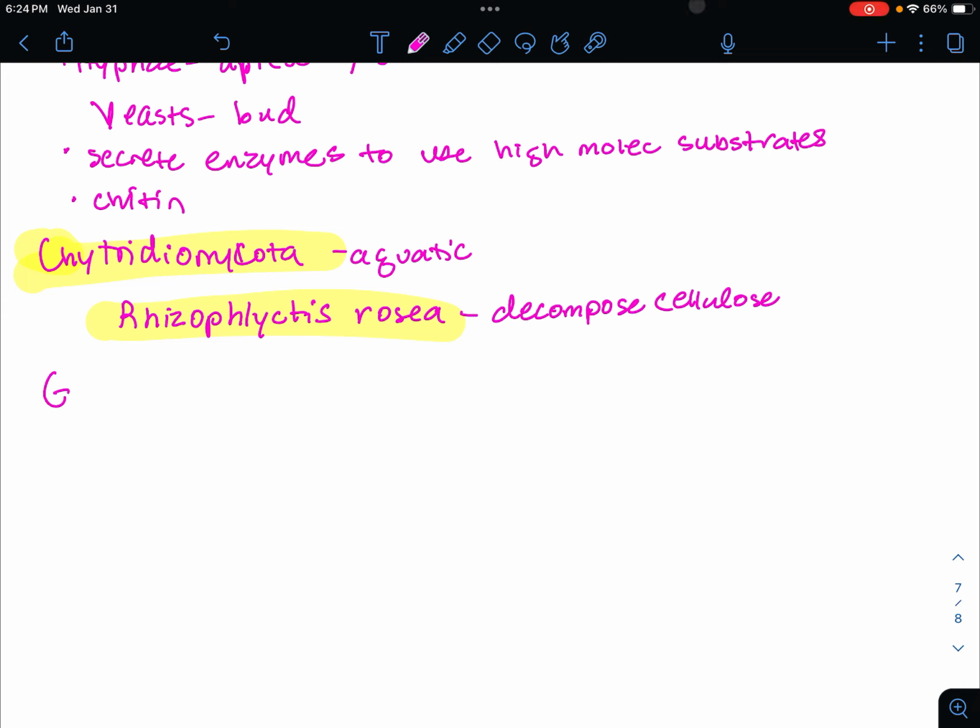Our next one is Glomeromycota. These fungi are going to be arbuscular mycorrhizal fungi.